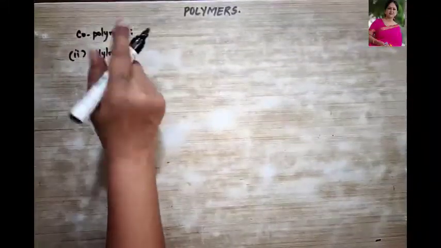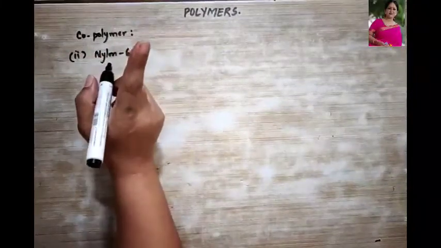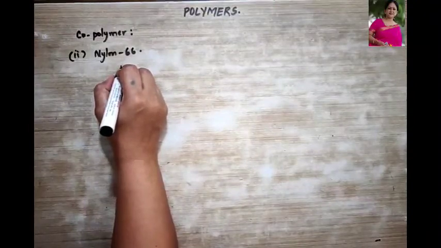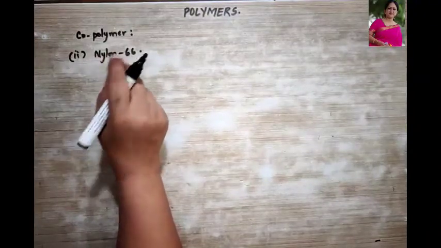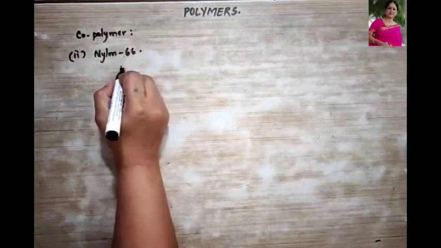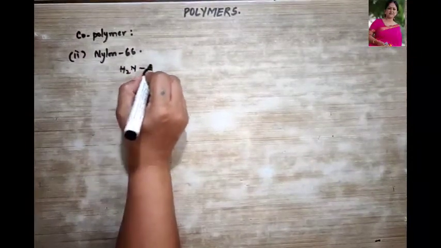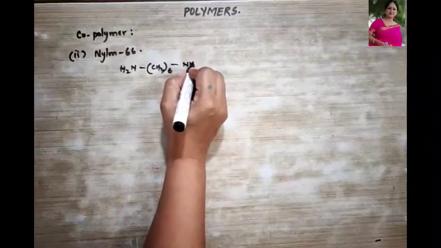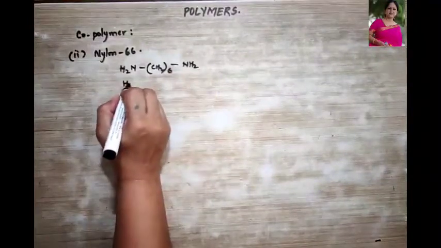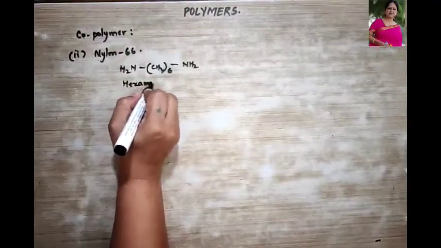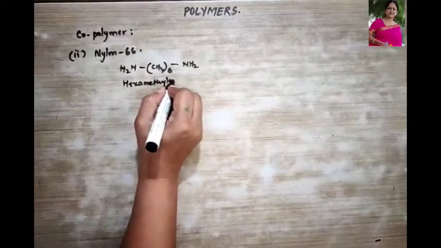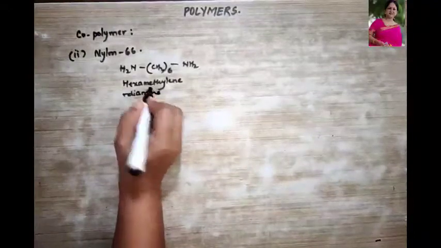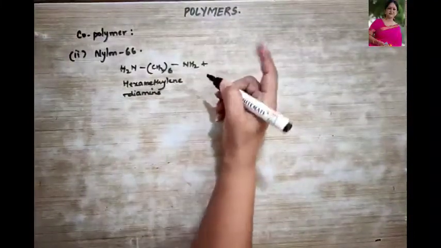So nylon 66 is made up of hexamethylene diamine. Let us see what hexamethylene diamine is. H2N (CH2)6 NH2. This is hexamethylene diamine. It combines with adipic acid.